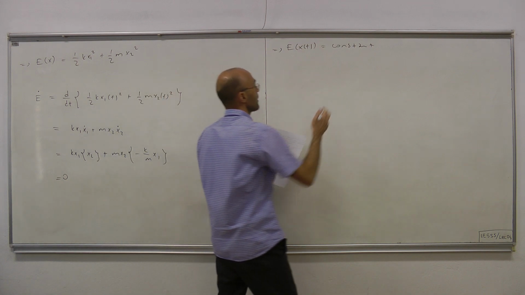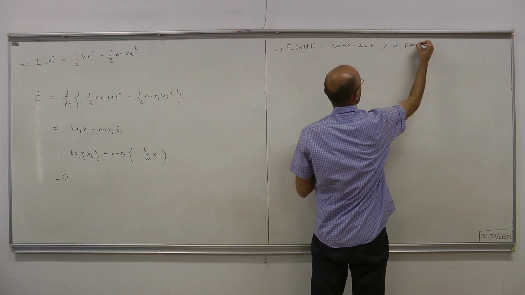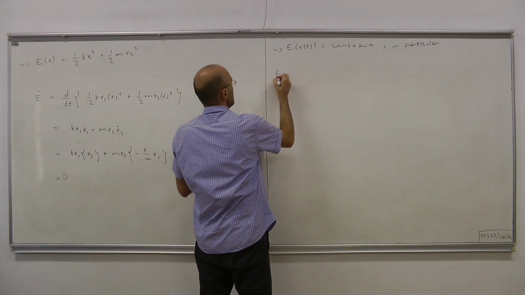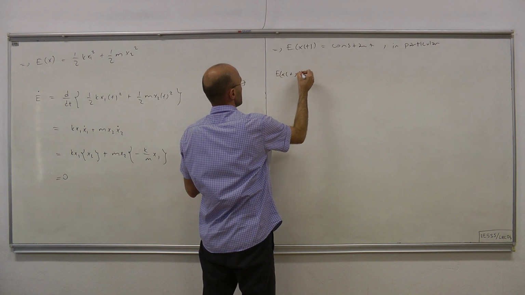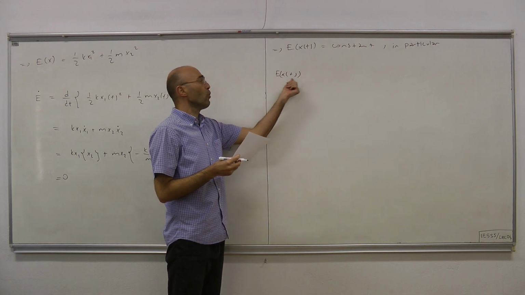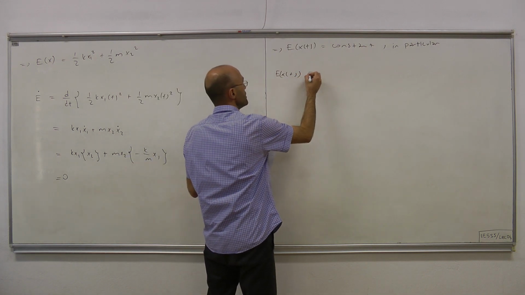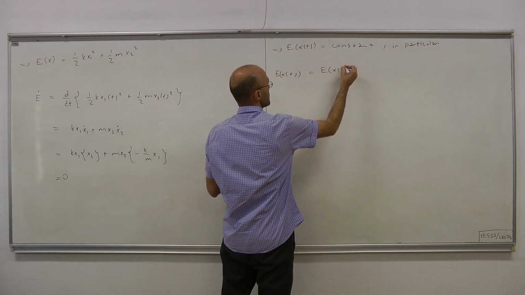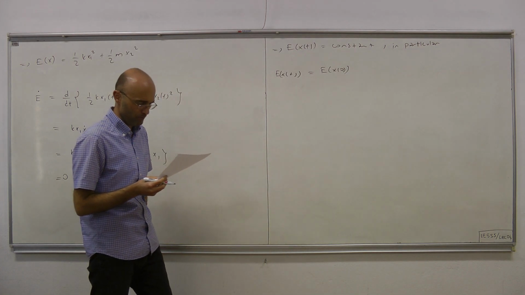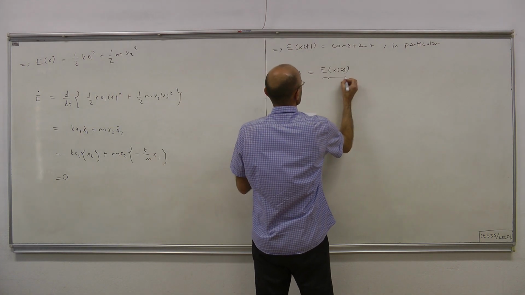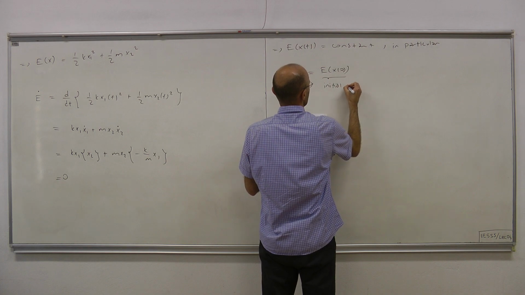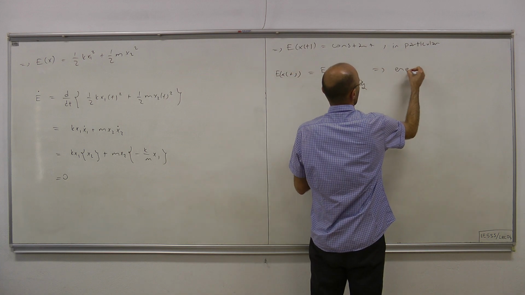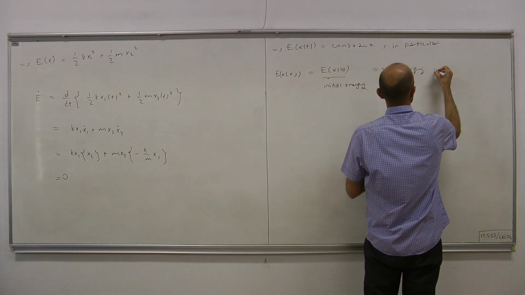In particular, E of x of t, the energy at all future times, must equal the energy that you started with, that's the energy at the initial condition, E of x0. This is the initial energy. Energy is conserved.